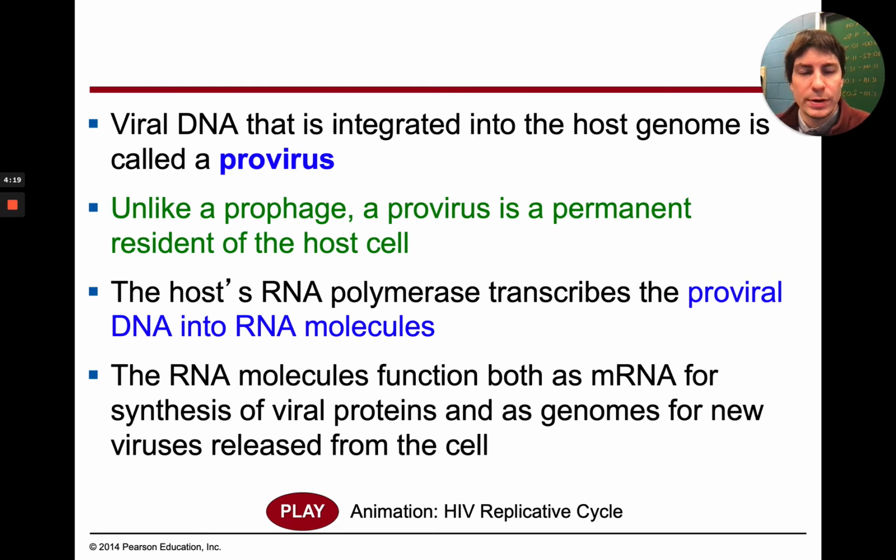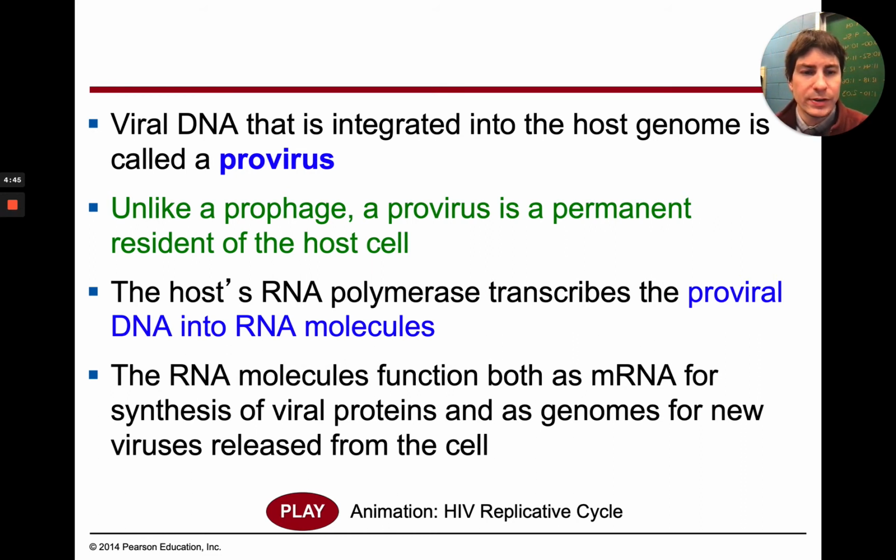When that cell reproduces, the next cell that is made from that, so the daughter cells, they are going to have that viral DNA in them already. So that's a provirus. The DNA from the virus is permanently in that cell, and any cell it makes is also going to have that viral genetic material inside of it.